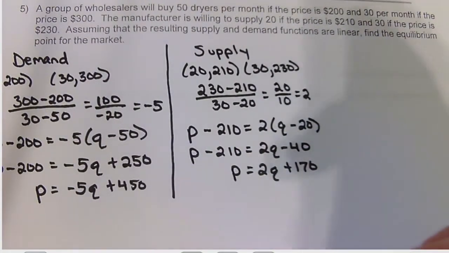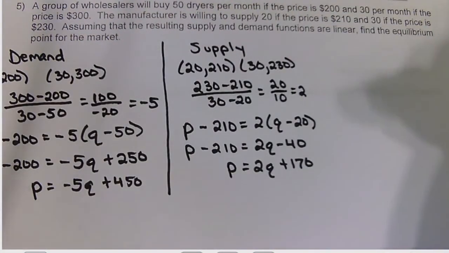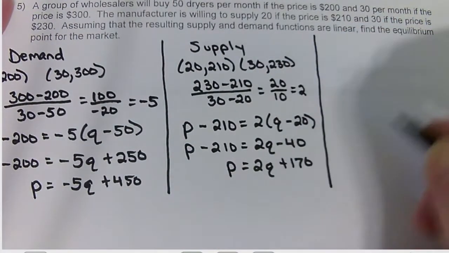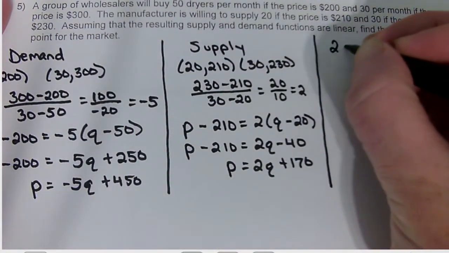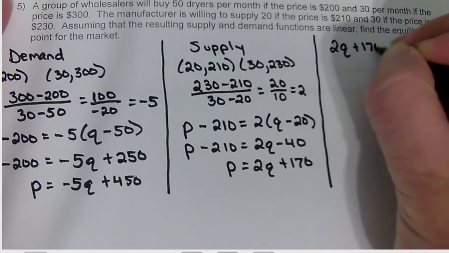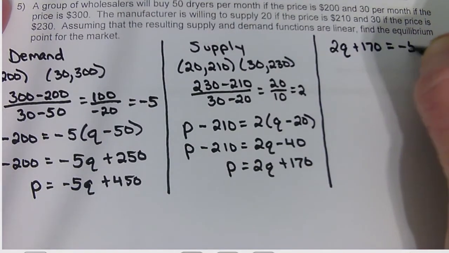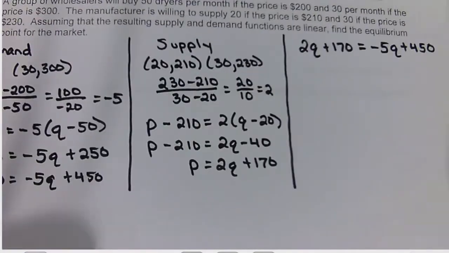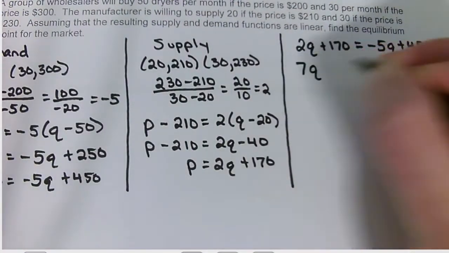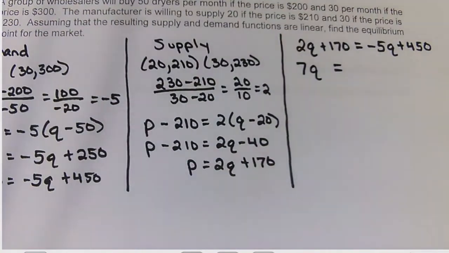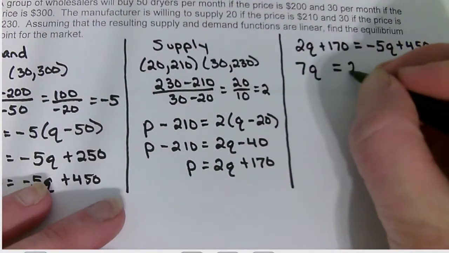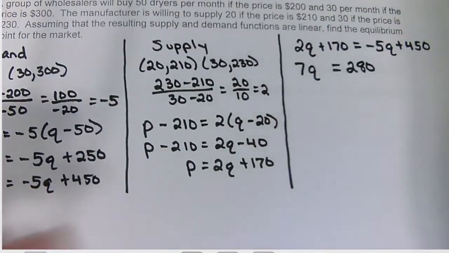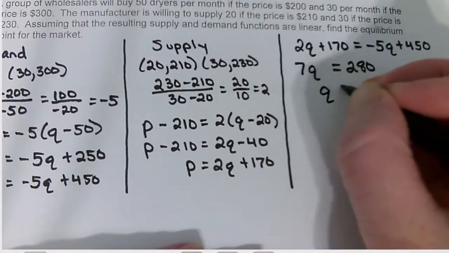Find the equilibrium point. So I want to know when those two are going to be equal. When does the supply equal the demand? I'm going to just go ahead and take 450 minus 170. It's 280. Divide by 7.